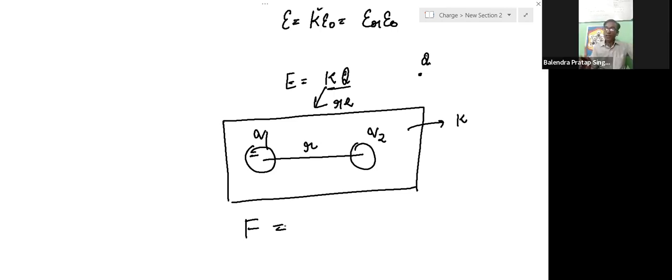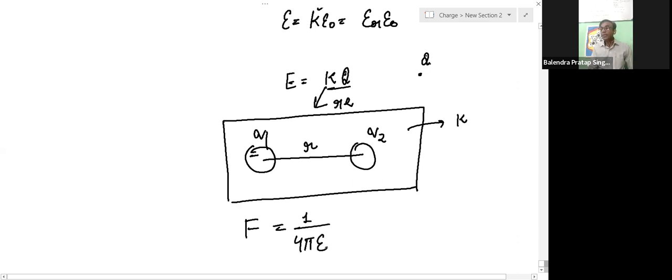So I'm giving the answer. After that, take a proper revision. The general value of force, not in free space but in a medium, we consider as 1/4 pi epsilon q1 q2 by r square, and epsilon is nothing but k epsilon naught, so F is 1/4 pi k epsilon naught q1 q2 by r square.